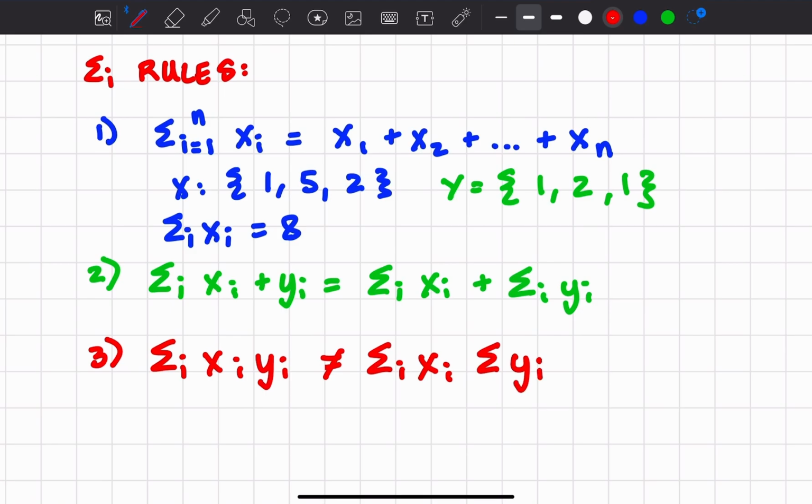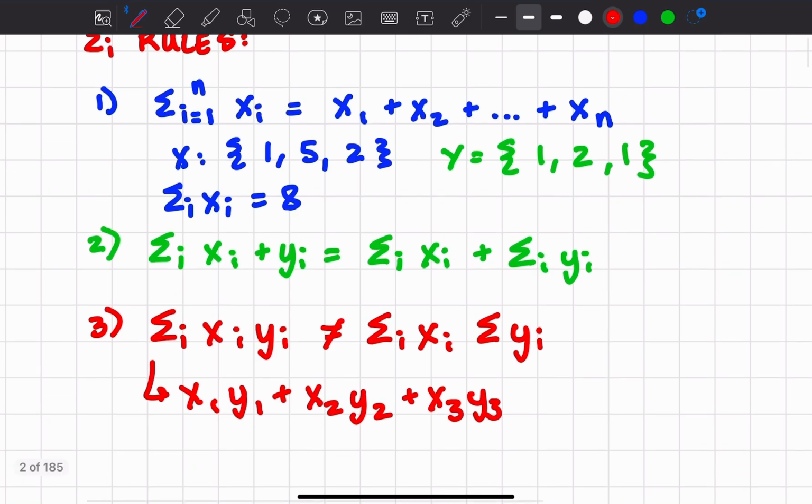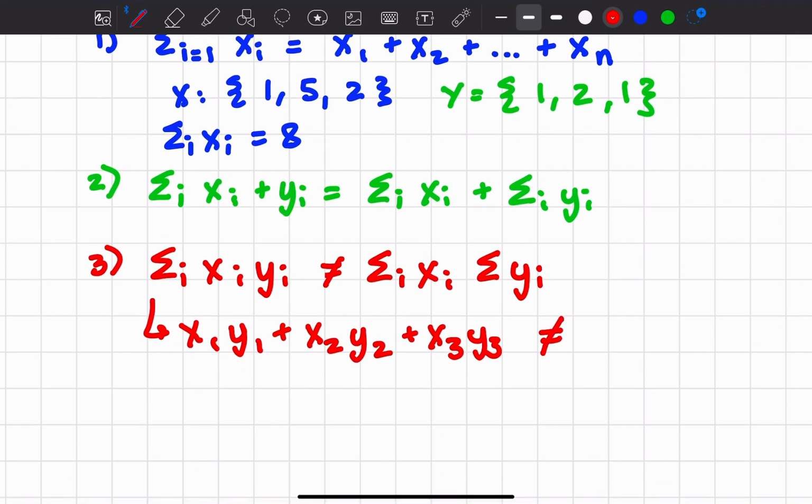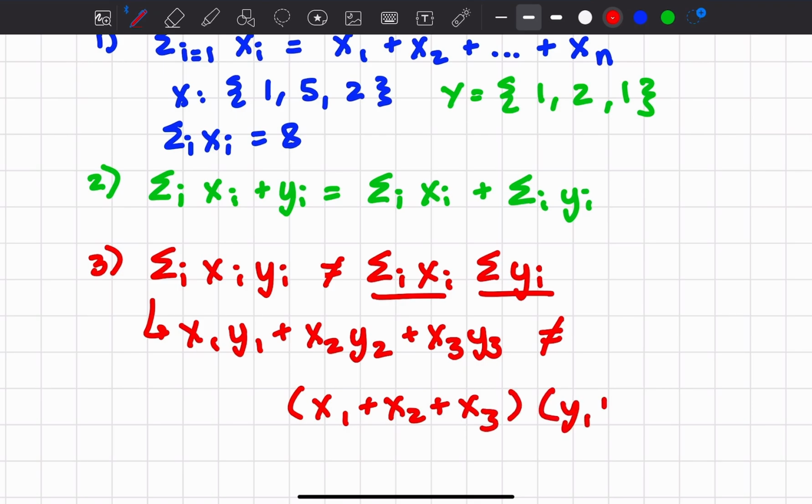So if that was true, that would say that x1 times y1 plus x2 times y2 plus x3 times y3, so that's what this is equal to, would be equal to, I'll say it's not equal to because it's not, summing up the x's and then multiplying that by summing up the y's. So it's not going to be equal to x1 plus x2 plus x3 times y1 plus y2 plus y3.